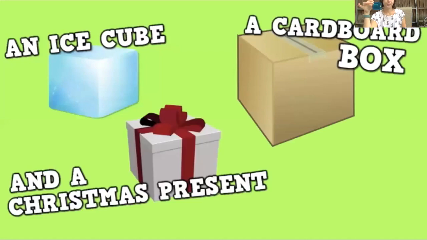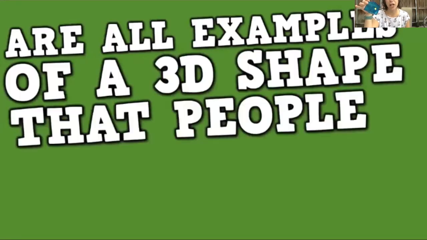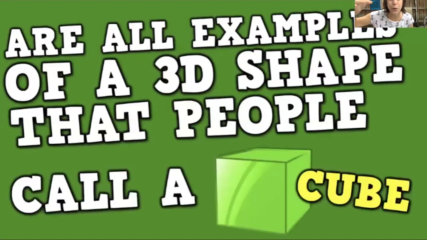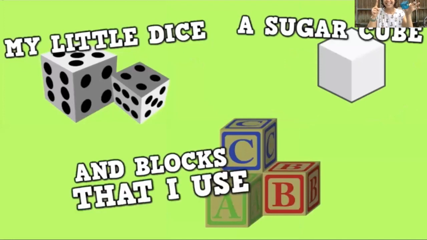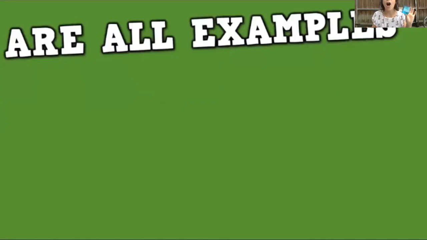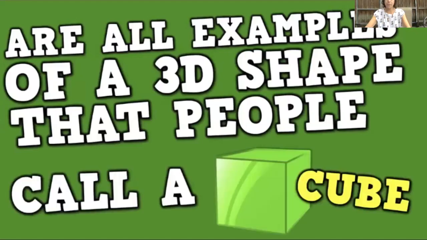An ice cube, a cardboard box, and a Christmas present for you are all examples of a 3D shape that people call a cube. My little dice, a sugar cube, and blocks that I use are all examples of a 3D shape that people call a cube.